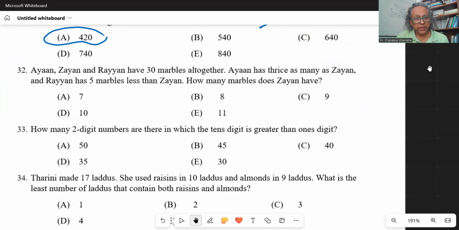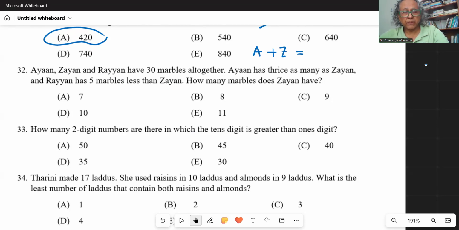Ayan, Zan, and Ryan have 30 marbles together, and Ayan has thrice as many as San. And Ryan has 5 marbles less than San. So I'm going to represent them by the first letter, each letter representing the number of marbles they have.